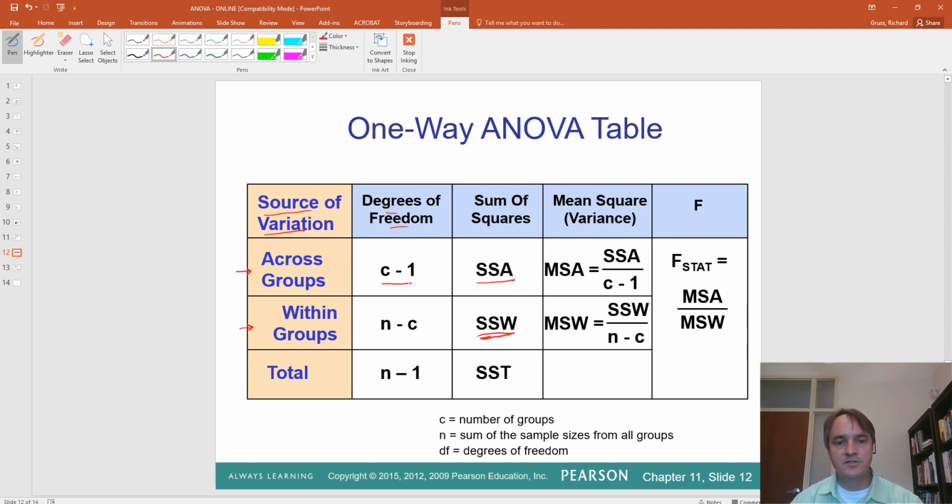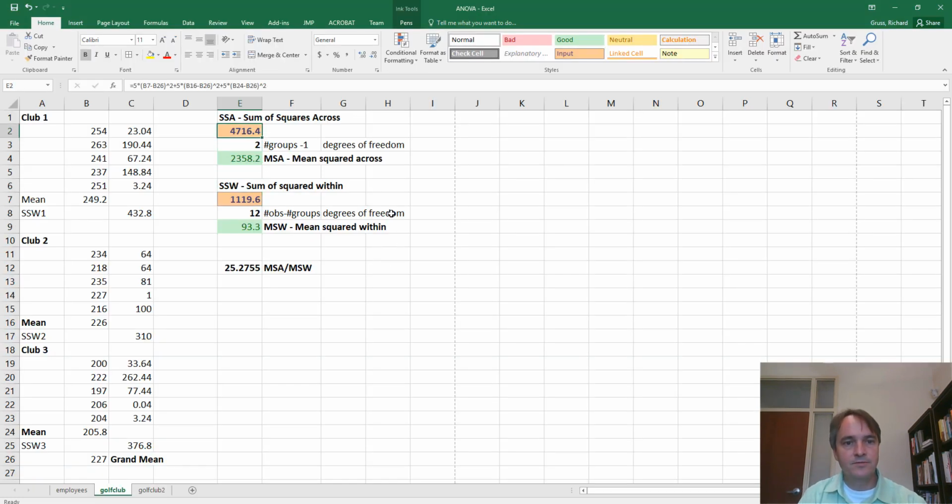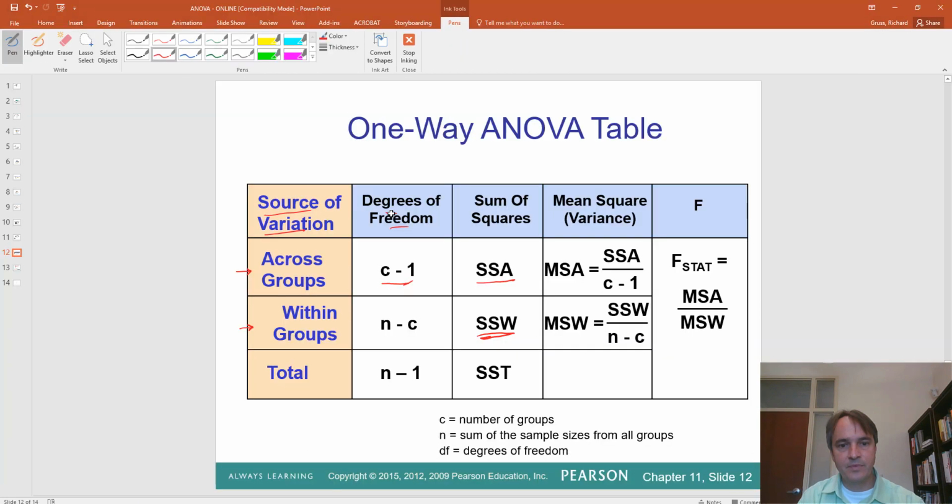This is what we use to adjust the magnitude of these so that we can compare them. These are really just the denominators. So we figured out our degrees of freedom over here. We said it was 2. And then our degrees of freedom for within, which wound up being 12. And this was the total number of observations minus total number of groups.